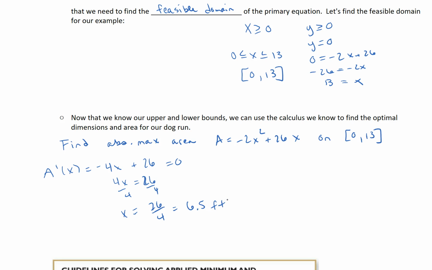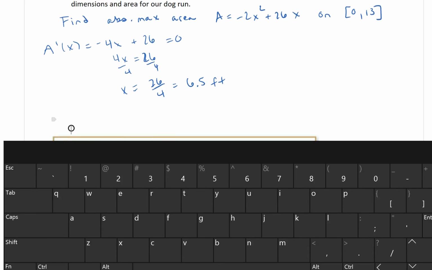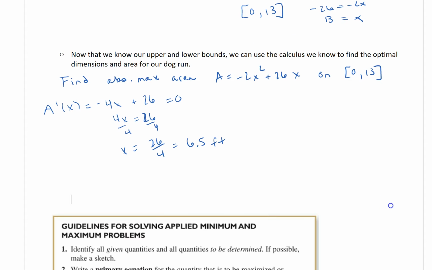Now that gives you x. Now this is an application problem. Normally when you go to find the y value of a problem, you end up finding A prime at that value. But if you actually found A of 6.5, that's going to actually give you the area.